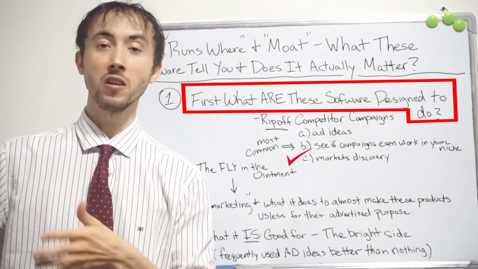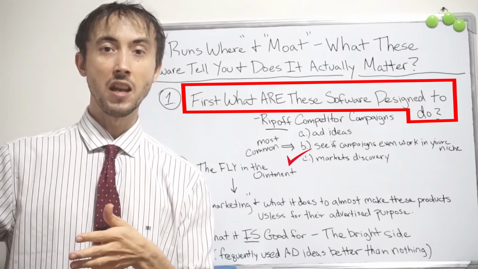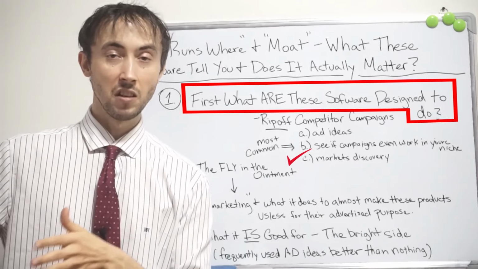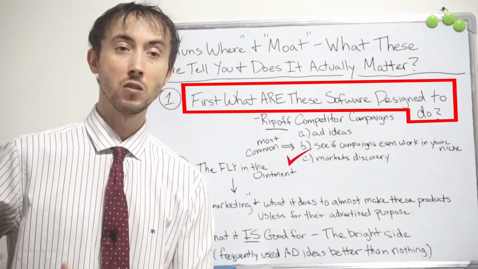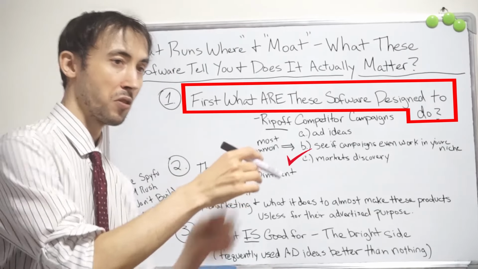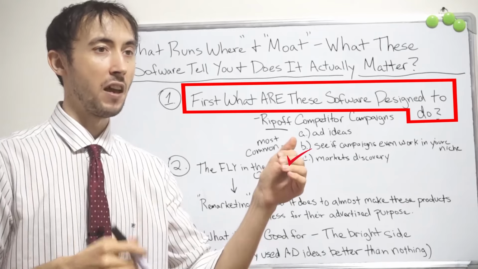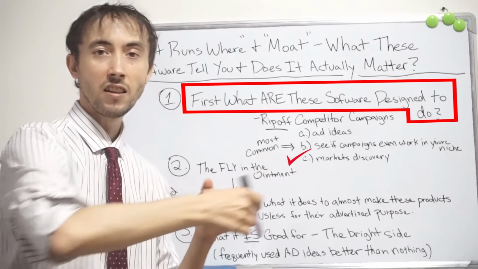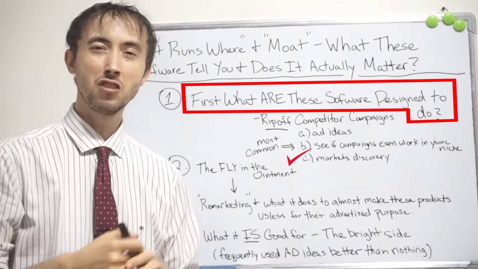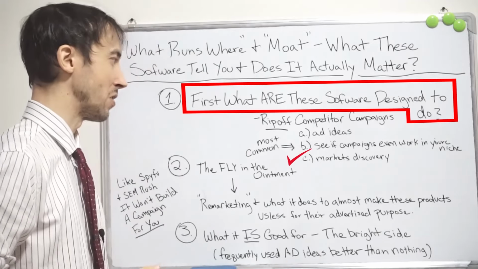And if it didn't work with a big budget and it's not a huge company, then they're more likely to have gone broke in the process. So the more they spend and the smaller they are, and the longer they do that, the less likely it is that the campaign does not work. So that's the general kind of thing you have to think about when it comes to this stuff.